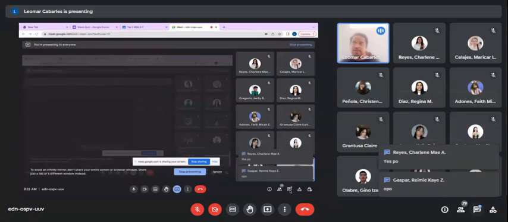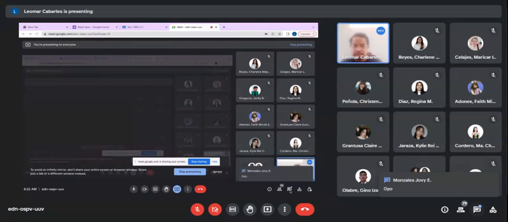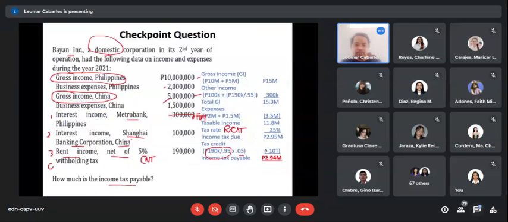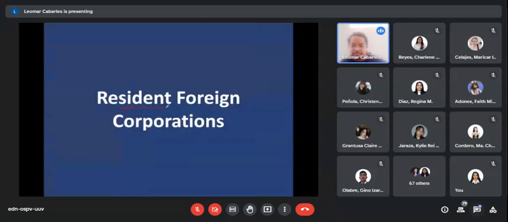This is a good news kasi once you learn domestic corp, others like foreign corporations, very similar, no? Yung taxation. So, puntahan natin. We'll discuss resident muna.